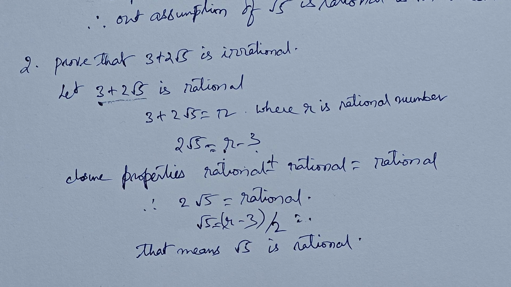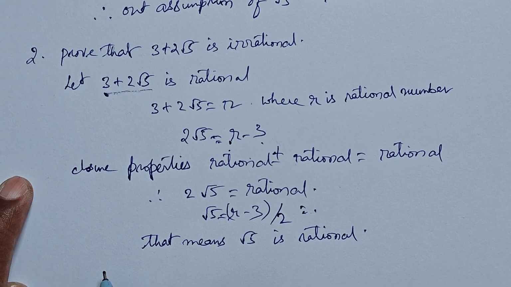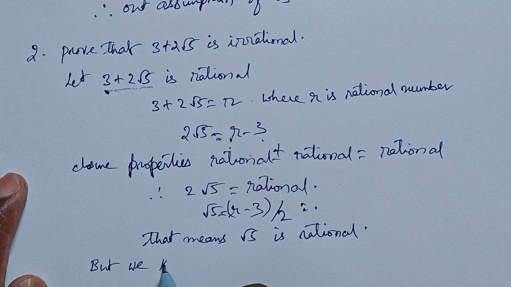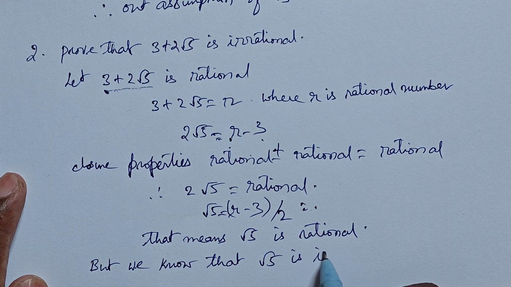You are not proving first root 5 as rational or irrational, right? Do you need to again prove root 5 is rational or irrational? No need. You can say that we know from the example, you don't need to prove again. But we know that root 5 is irrational.